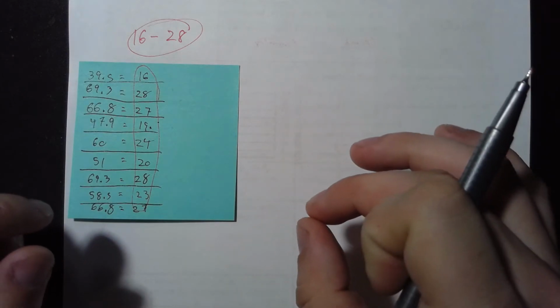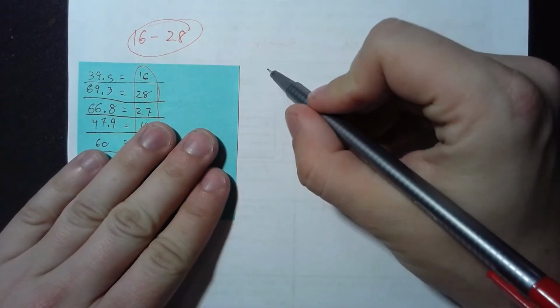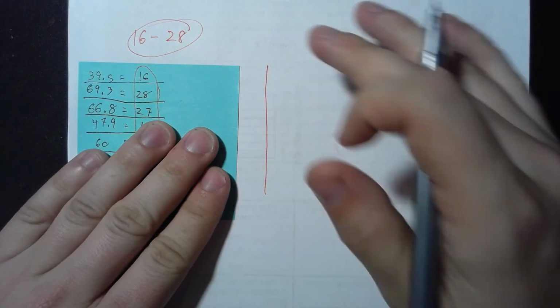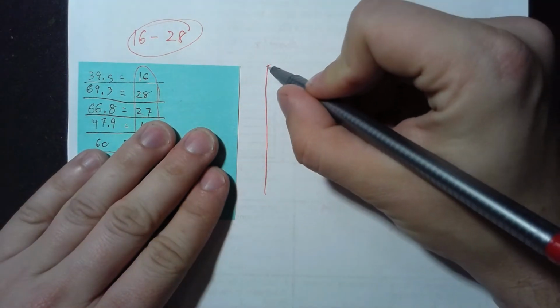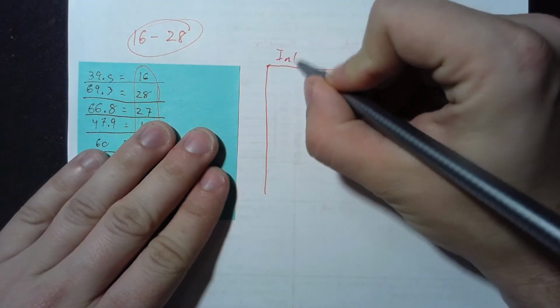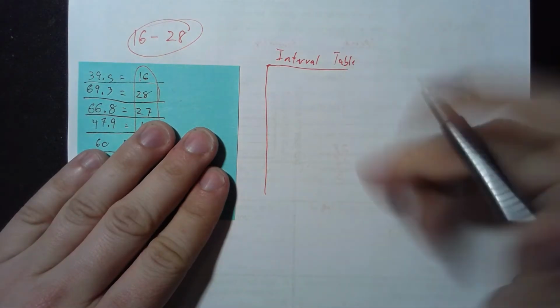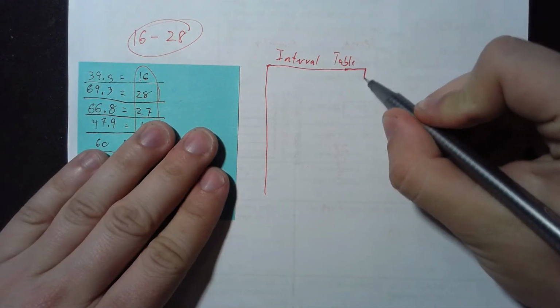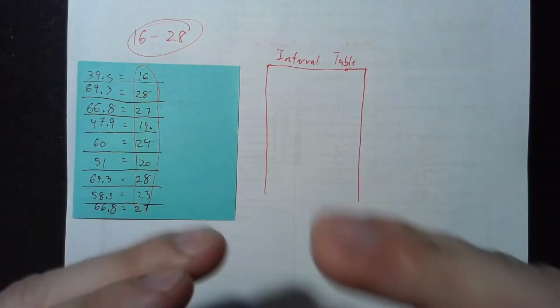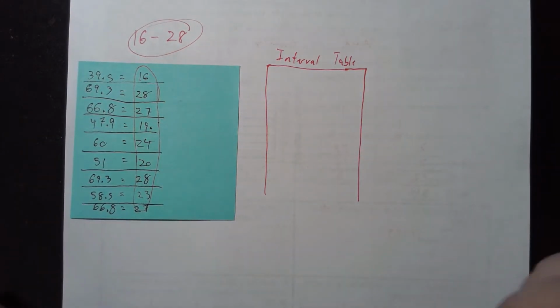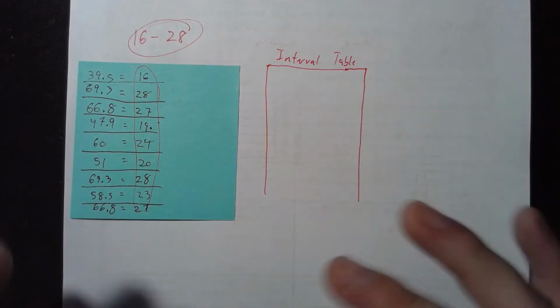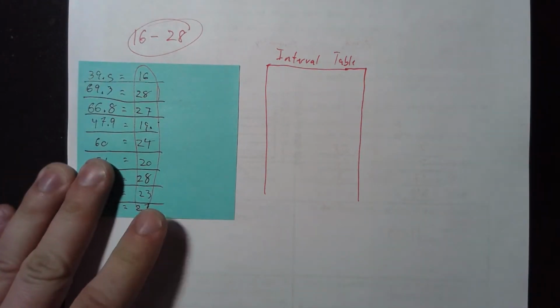You don't have to start at 0, which is a misconception a lot of people have, but we're going to make a frequency or interval table. An interval table is just something that is used to gather and organize data before creating a histogram. Histograms are actually a bit more in-depth than this worksheet led on.